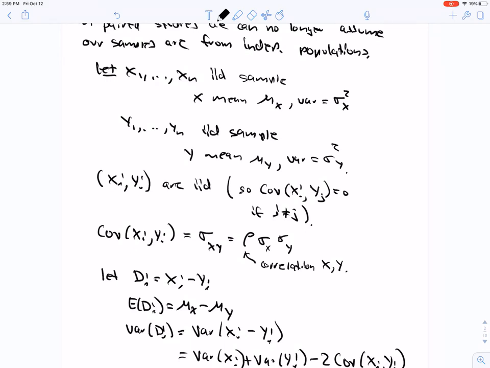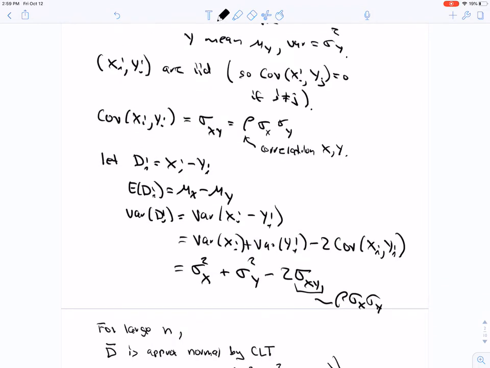Then the expectation of Di is mu x minus mu y, and the variance of Di is the variance of Xi minus Yi, and that is sigma squared x plus sigma squared y minus twice the covariance of x and y.